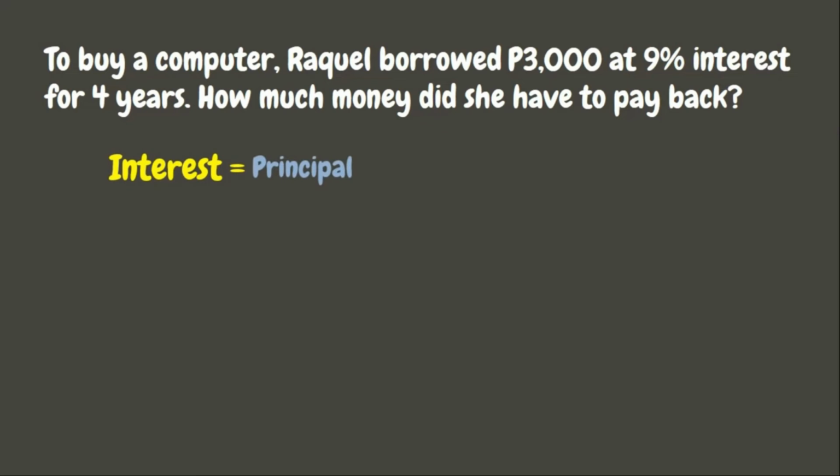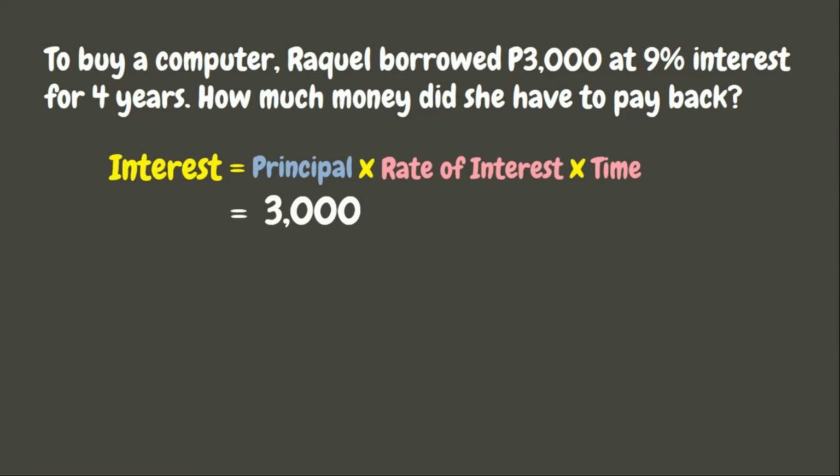Interest is equal to principal times the rate of interest times time. So, by substitution, we have 3,000 pesos times the rate of interest 9% times 4 years. Let us again convert the percentage into decimal.